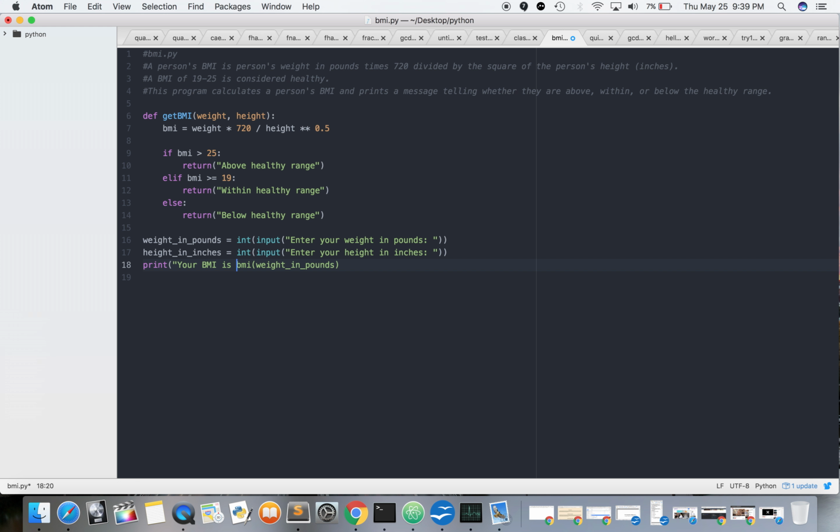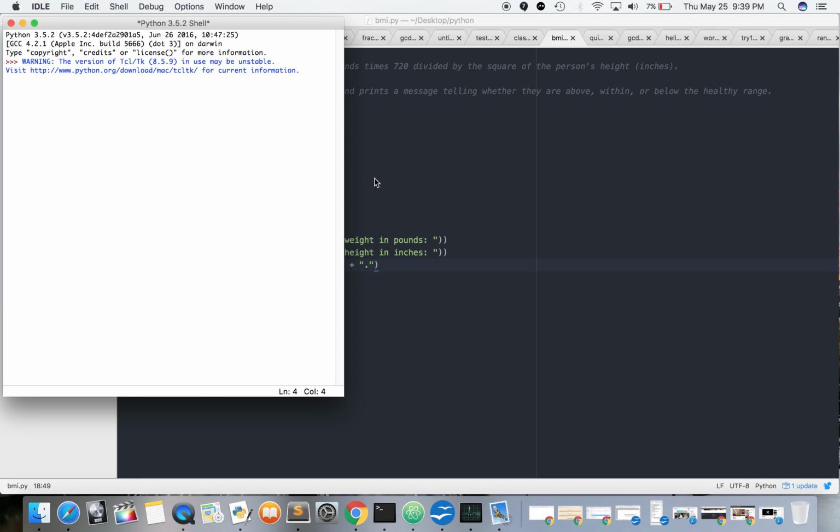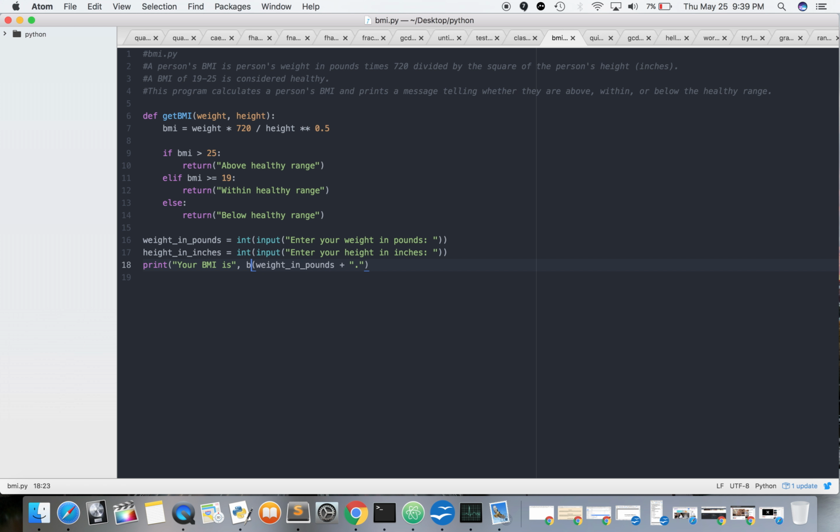So now let's type a sentence. Your BMI, and then here's where we can actually solve the BMI instance, which is a string. I think that should work. No. Not yet.